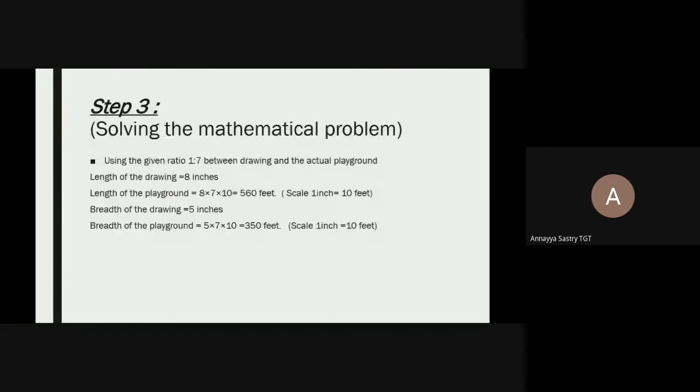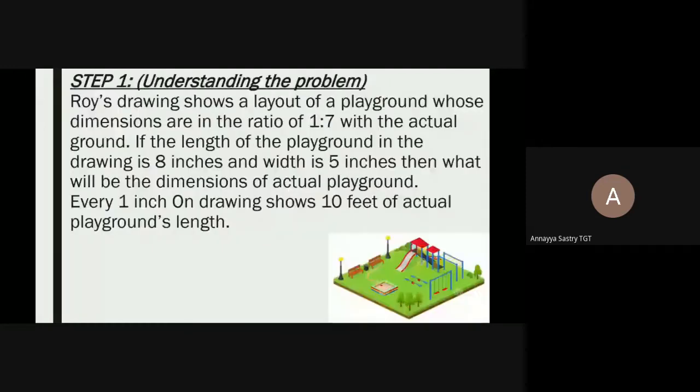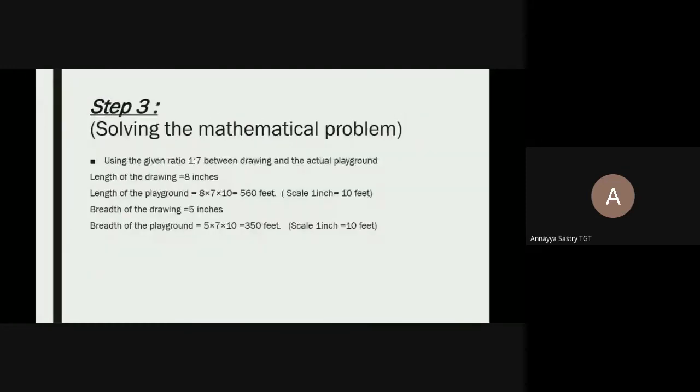The scale is 1 inch equals 10 feet, so we multiply by 10 also, which gives 560 feet as the length of the playground. Similarly for the breadth: 5 inches, so 7 times 5 is 35, into 10, that gives us 350 feet.